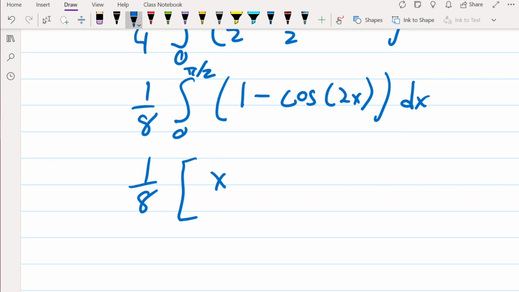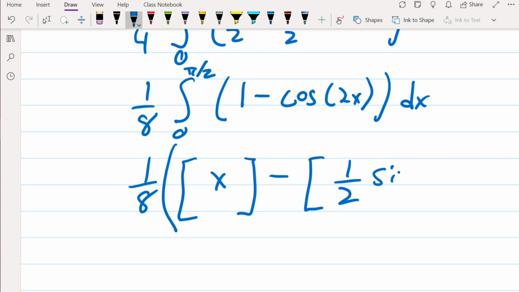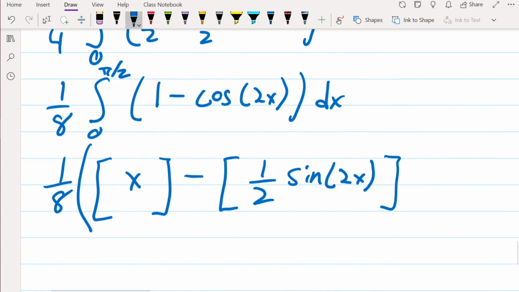It'll be x minus, and cosine, that'll be 1 over 2 sine of 2x from 0 to pi over 2.